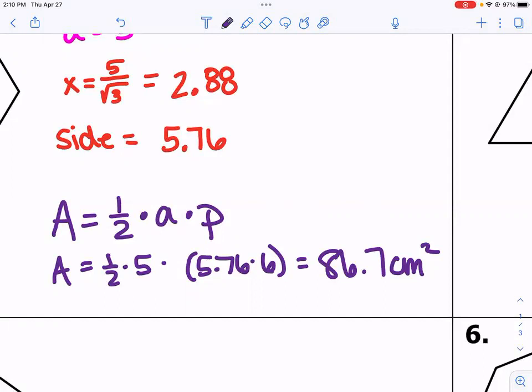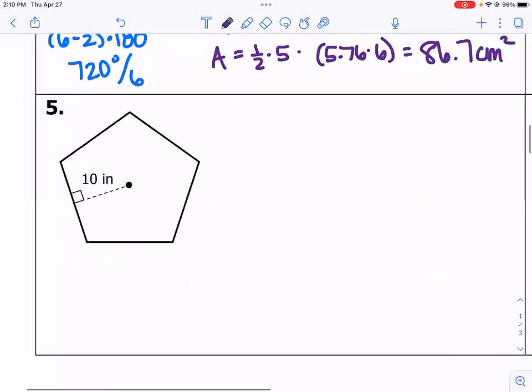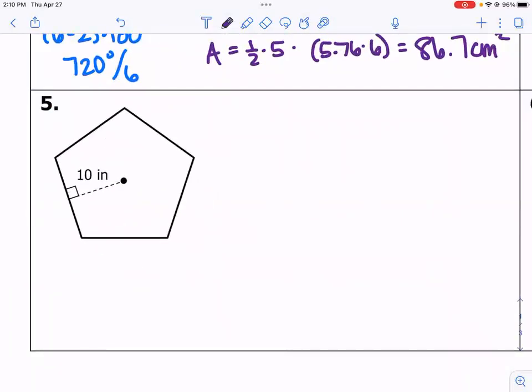Okay, let's go ahead and look at number 5. Okay, what do we know? 10 is the what? 10 is the apothem.